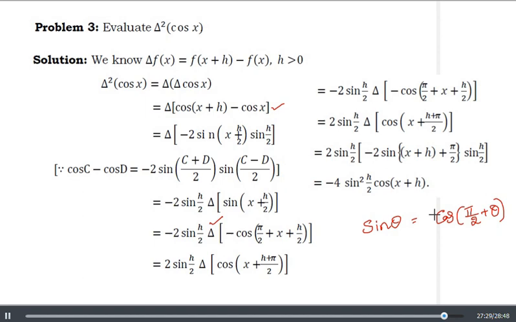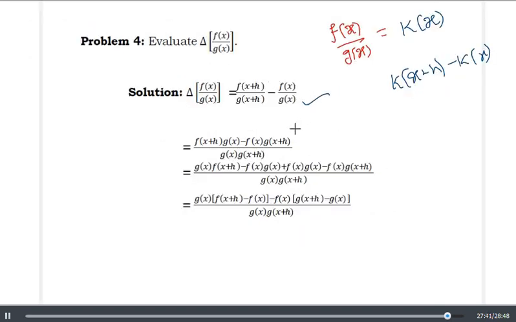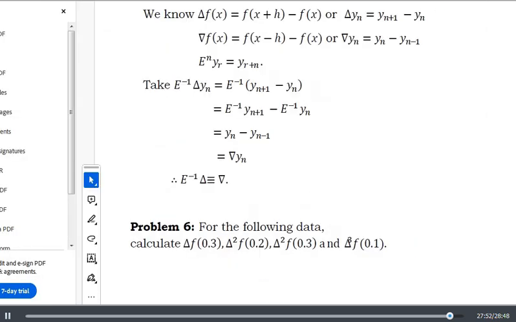Now if you want to apply the formula, that is k of x plus h minus k of x. Accordingly, you need to take LCMs and simplify. So the only thing you need is to know the definition. If you know the definition, you can do something here. That's it. So this is all about operators.